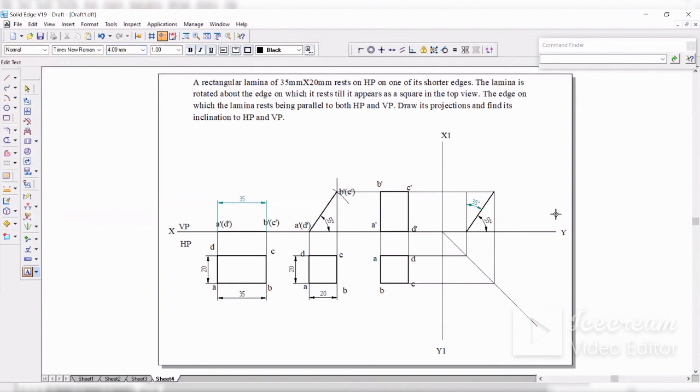This is A double dash in bracket D double dash, and this is B double dash in bracket C double dash. And then finally, if you want the angle between these two, you can show it like this. So this is your answer for this question.